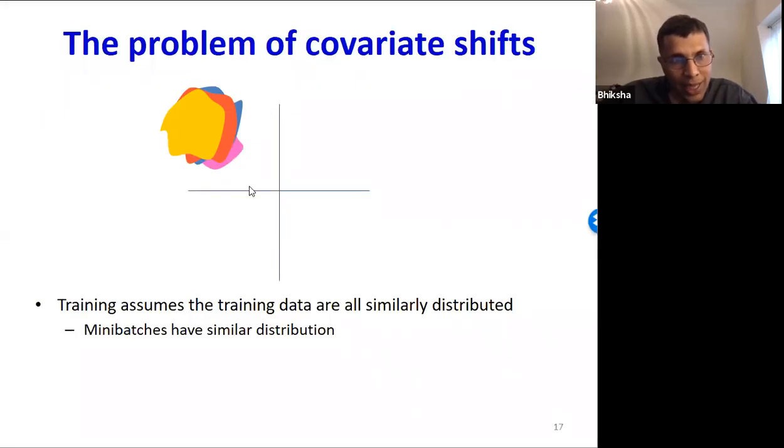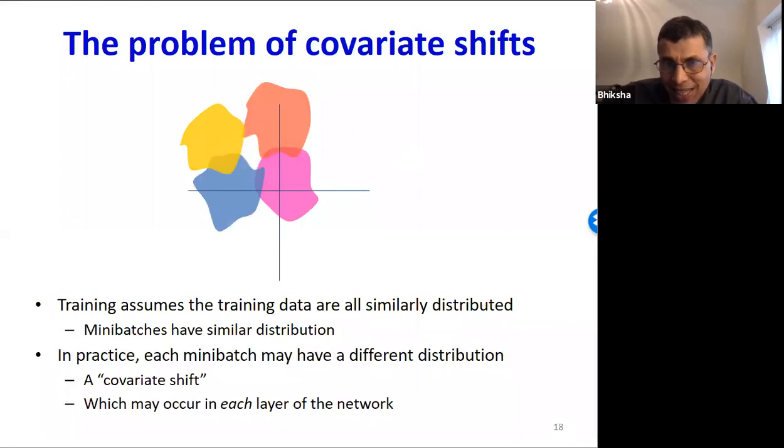So you're assuming that if you have a general layout for your training data, if each of these patches represents one mini batch, you assume that all of the patches lie in pretty much the same region of the space. In practice, that's not what's going to happen. Each mini batch will have a somewhat different distribution as illustrated here. So in other words, each mini batch is going to have a covariate shift with respect to the other mini batches.